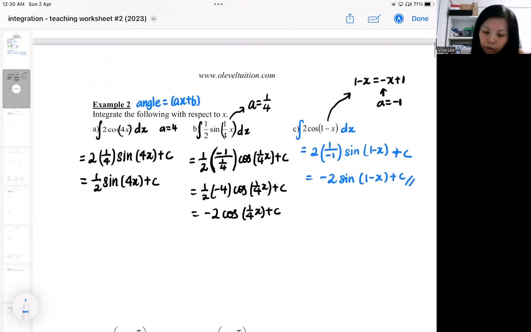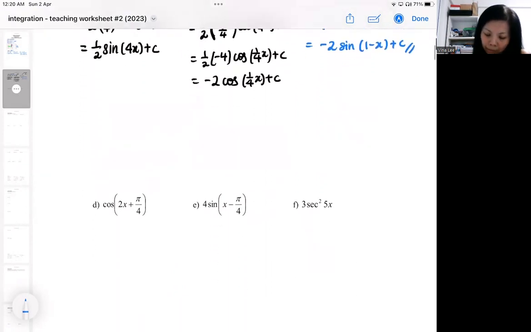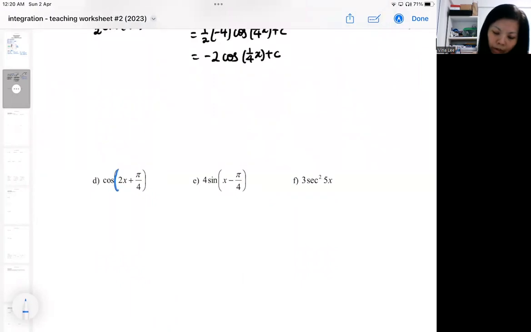Okay, so integrate cosine. The next one, if you take a look, looks a little bit complex, but in actual fact, a is equal to 2. So you apply the formula 1 over a, and you get a sine 2x plus pi over 4.